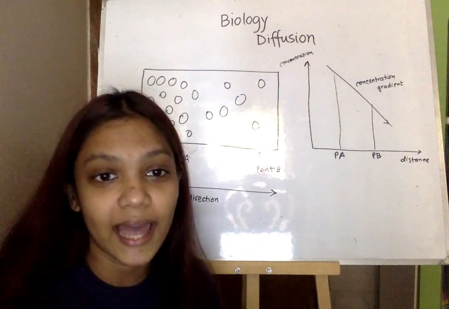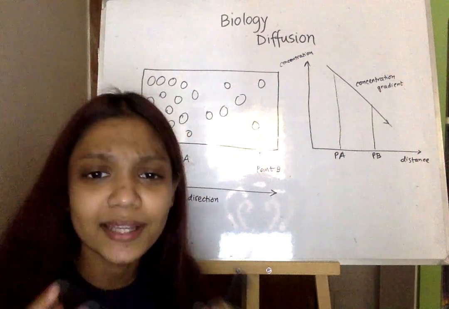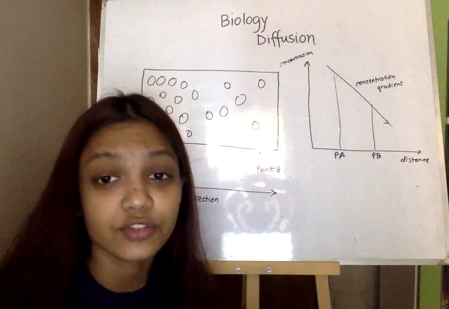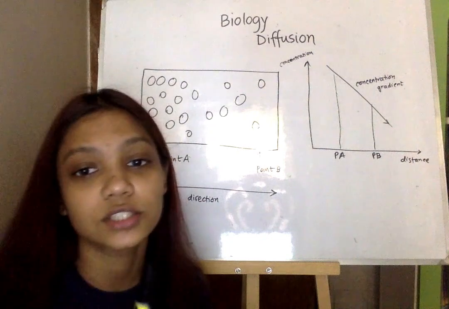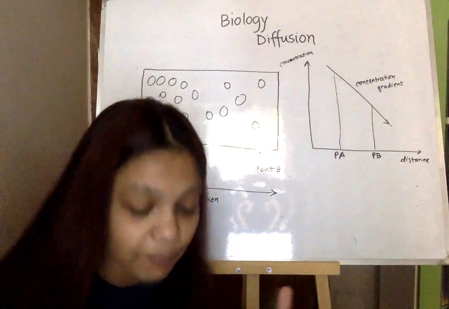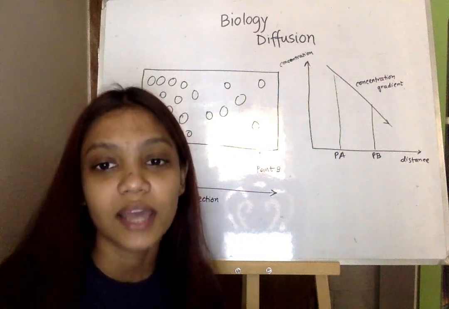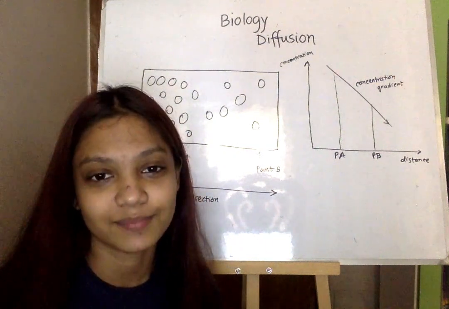Now let us look at the definition of concentration gradient. The difference in the concentration of a substance between 2 areas is called the concentration gradient. And the bigger the difference, the steeper the concentration gradient and the faster the rate of diffusion.